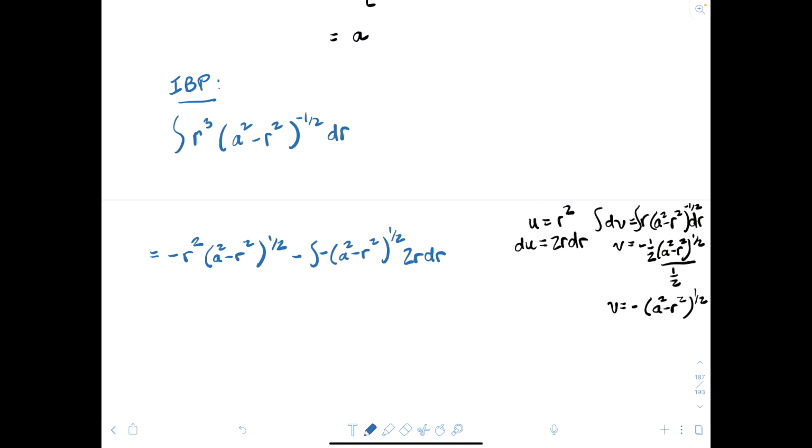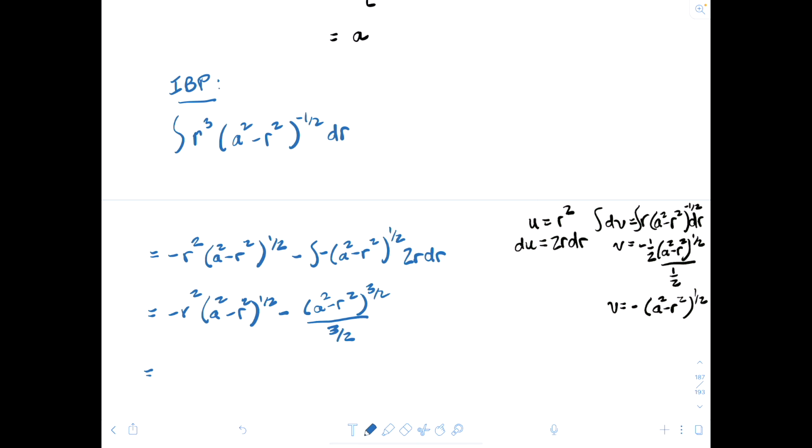So now, do you see that second integral is all set up to integrate because we have our negative 2r. So that's going to be negative r squared, and then we'll have a squared minus r squared to the positive 1/2 minus a squared minus r squared to the 3/2 divided by 3/2.